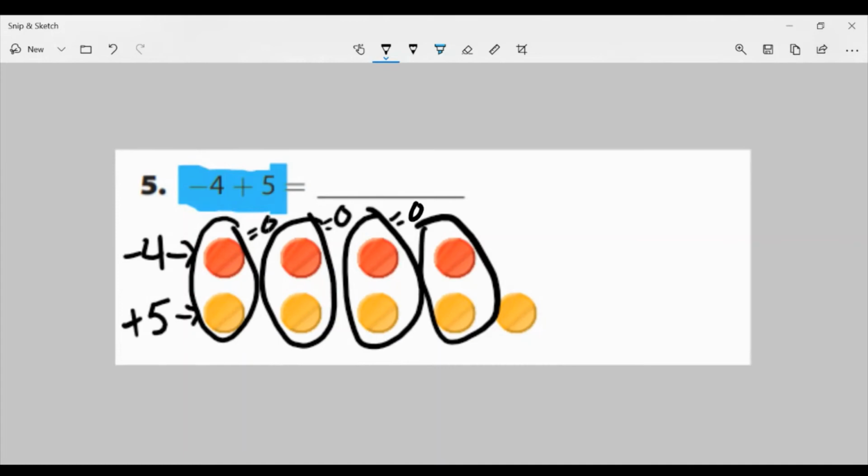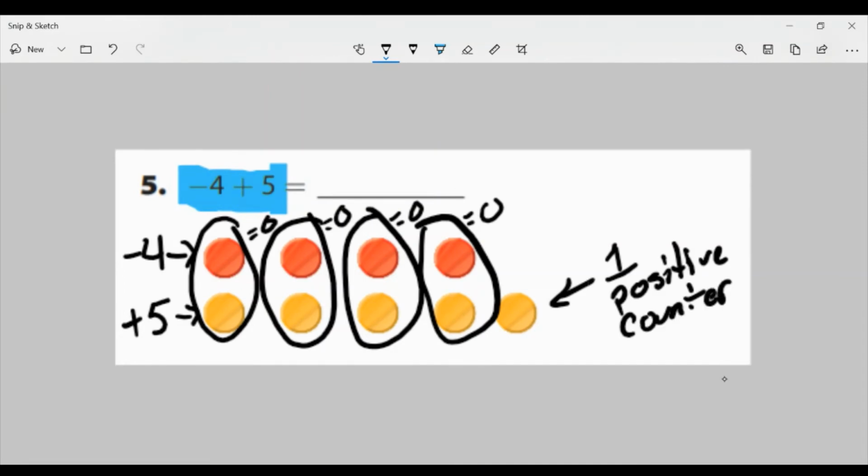Because we're getting rid of a positive and a negative together. So what's left over? All we have left is one positive counter, right? We have one positive counter left, which means our answer is 1.